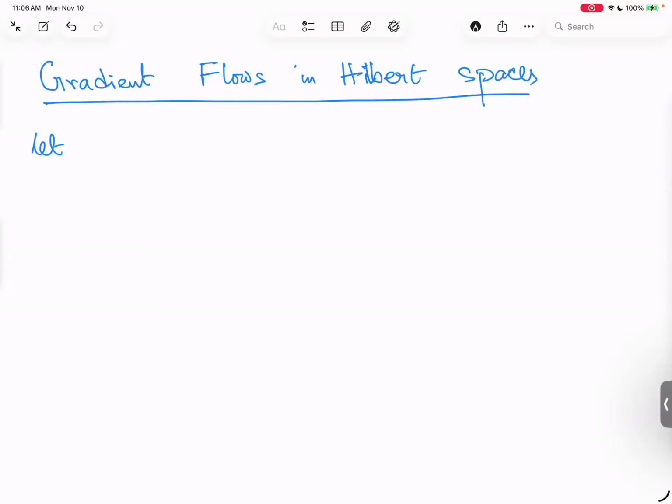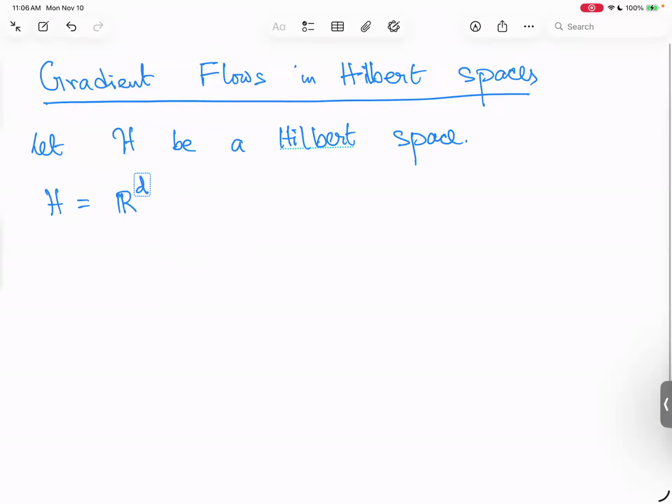So let H be a Hilbert space. The kind of Hilbert spaces that we have in mind: H would be, let's say, a finite dimensional Euclidean space. That would be one example of a Hilbert space.